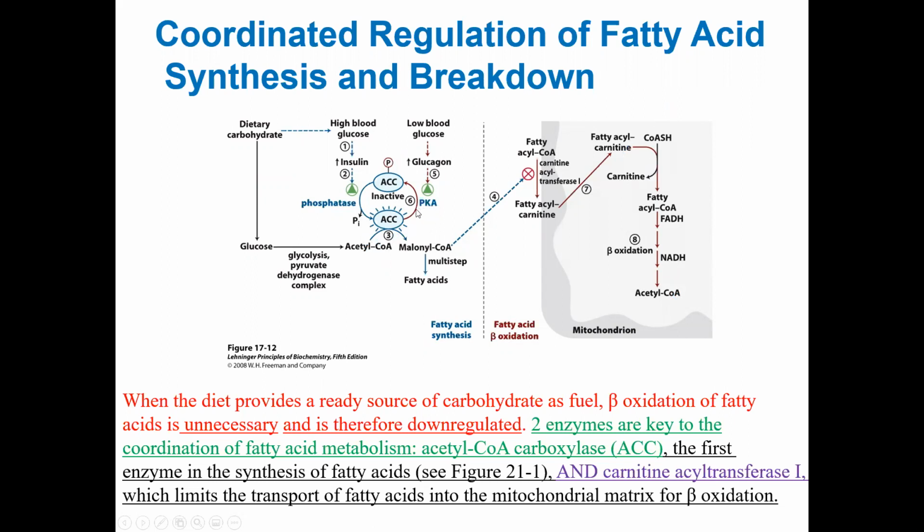Once acetyl-CoA carboxylase is phosphorylated, the fatty acid synthesis pathway is totally shut down. And in that case, you will not have any malonyl coenzyme A. When you do not have any malonyl coenzyme A, the inhibition of carnitine acyltransferase 1 will be relieved, and therefore you will be able to bring your fatty acid in the activated form via the carnitine shuttle into the mitochondria for beta oxidation.